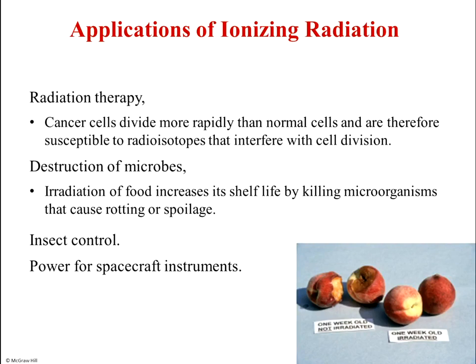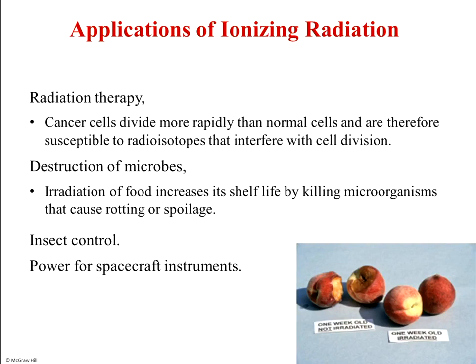Ionizing radiation can also be used to destroy microbes, and this is commonly used for irradiating food, particularly fruit and vegetables, and can significantly increase the shelf life of these by killing microorganisms.